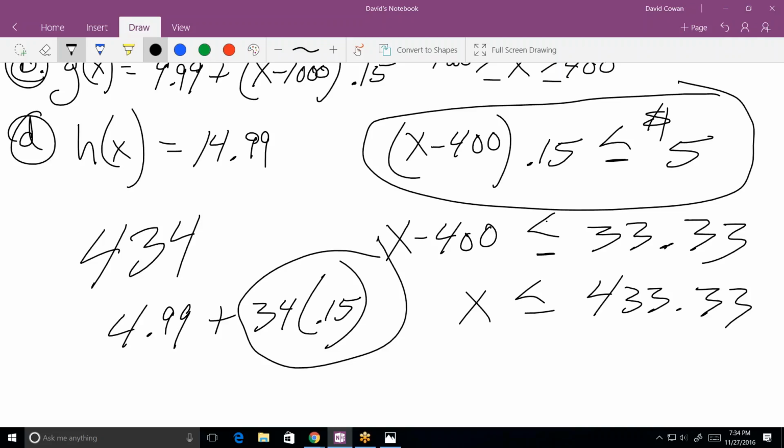Meaning that if you sent 434 texts, under the 400 text plan you would pay $4.99 plus $5.10, which is greater than $9.99. In other words, under the 1,000 text plan, you're only going to pay $9.99 for x between 400 and 1,000. You're just going to pay $9.99.